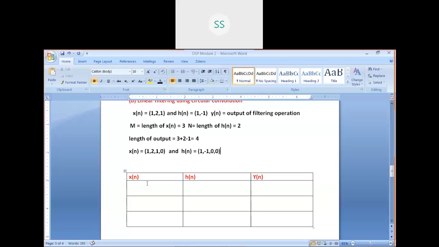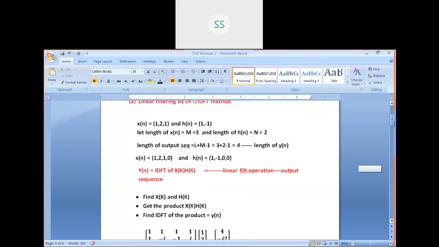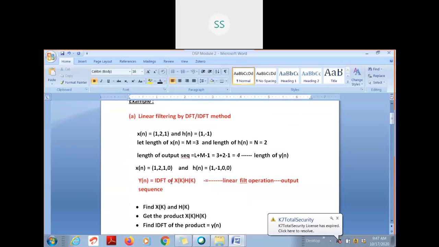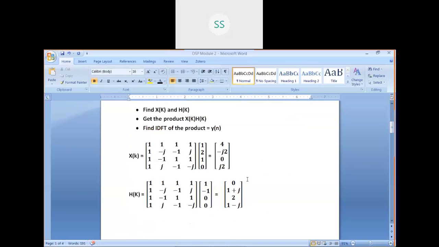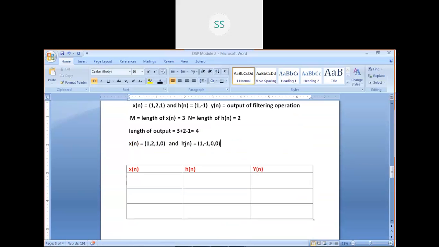Once this is ready, we did the same thing with the previous method also. Here you are using the DFT IDFT matrix, that's why the lengths have to be the same. But here you are doing the circular convolution operation, that's why we are making both sequences the same length.